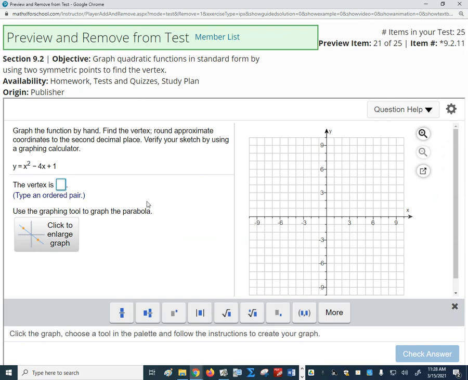So vertex we said was, what was it, 2, -3, wasn't that it? Give me a thumbs up. Was that right, Melinda? 2, -3, okay.